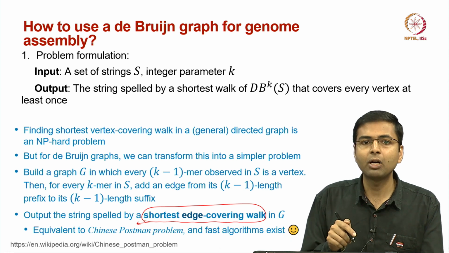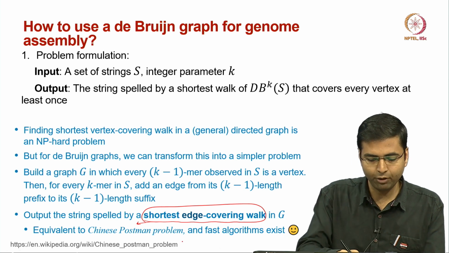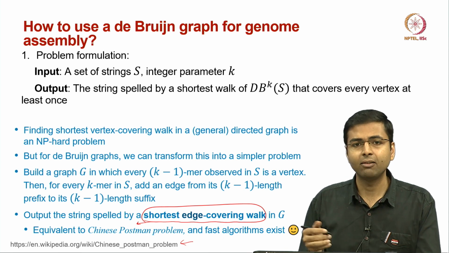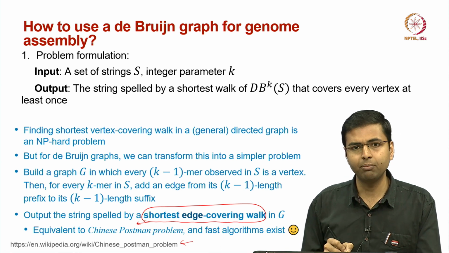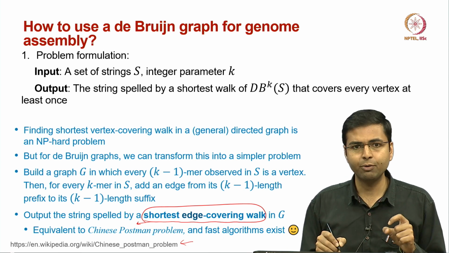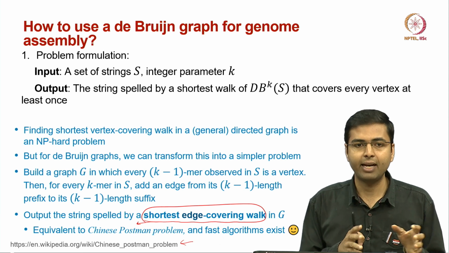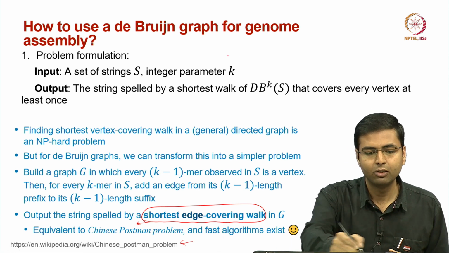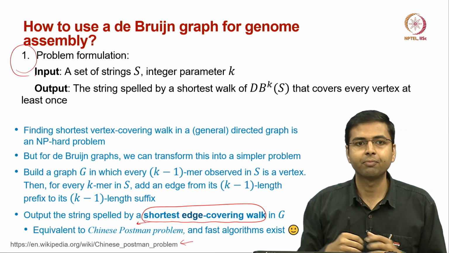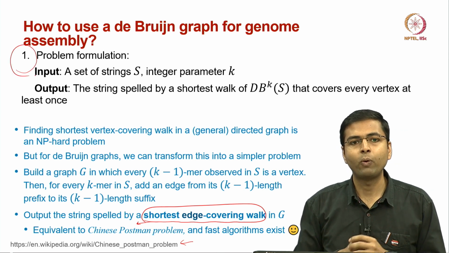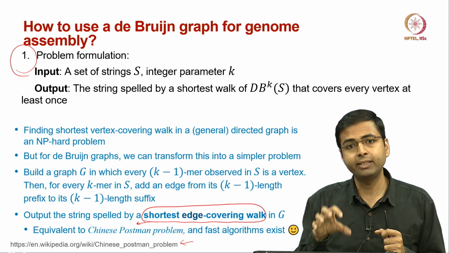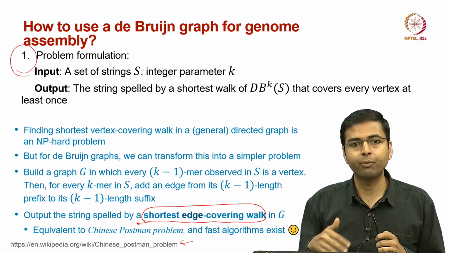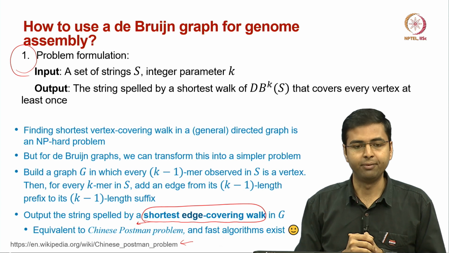If you want to learn more about the Chinese postman problem, you can refer to this Wikipedia link and see what algorithms exist for this problem, but we will not go into further details because there are standard libraries and implementations of this algorithm that can be used for solving the main problem that we want. So once we have mapped this to a shortest edge covering walk problem, we can leverage the existing concepts from graph theory to move forward.